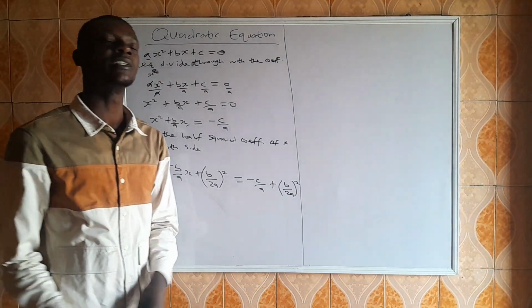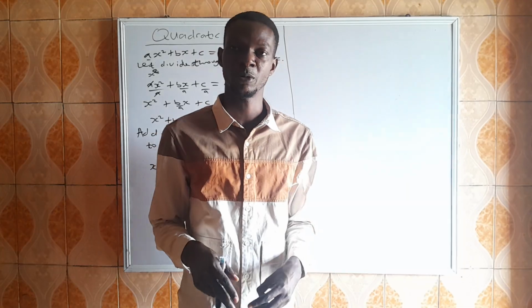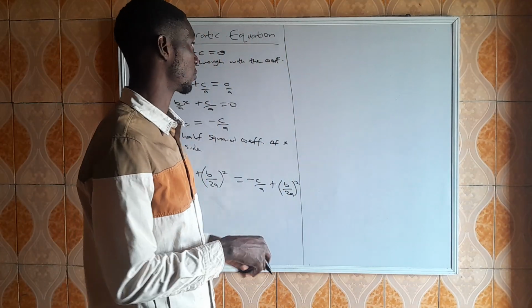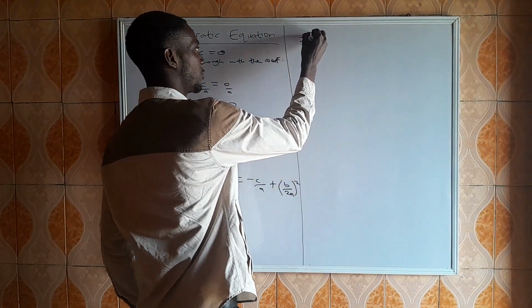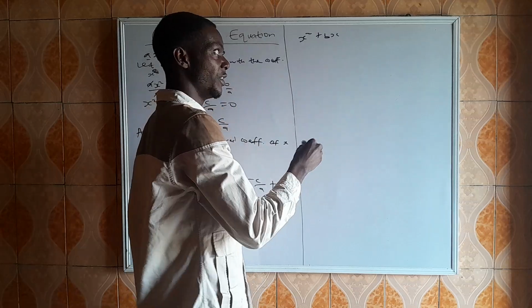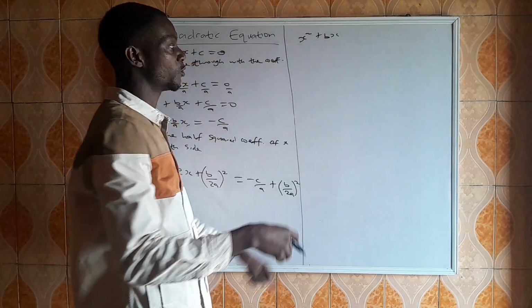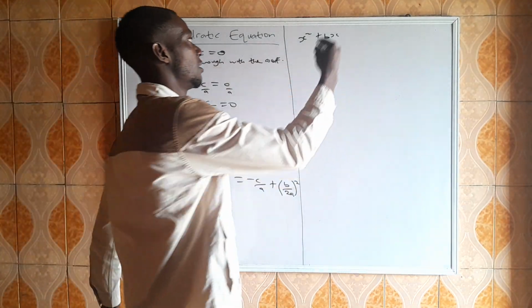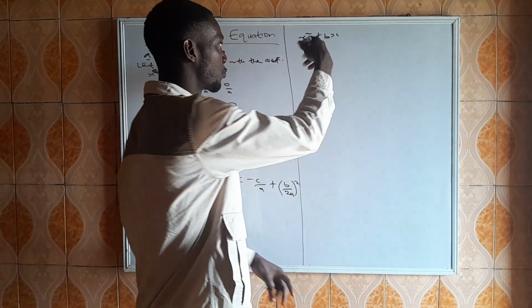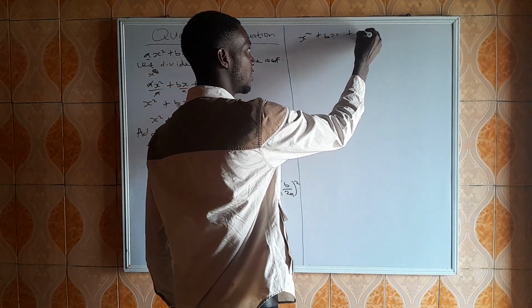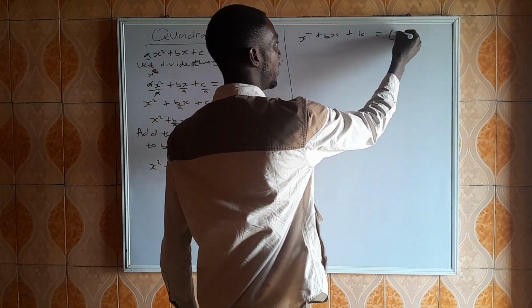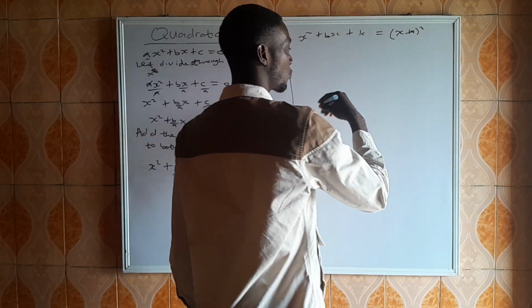Now, when we were treating the completing the square method, with an expression of this form, what can be added to make the expression a perfect square? Let me just run through it. Now you have k plus k equals x plus a all squared.